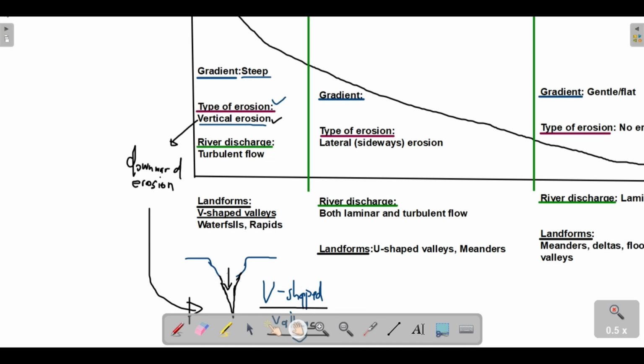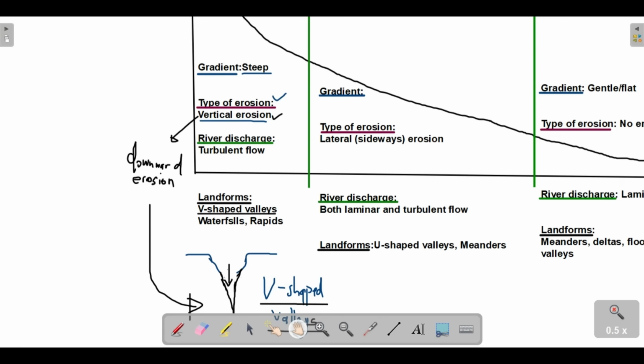We said it also results in white water formation, and we'll talk about that when we do rapids. The other landforms that you also find in the upper course are waterfalls and rapids. We'll talk about their formation in this video, so stay tuned.